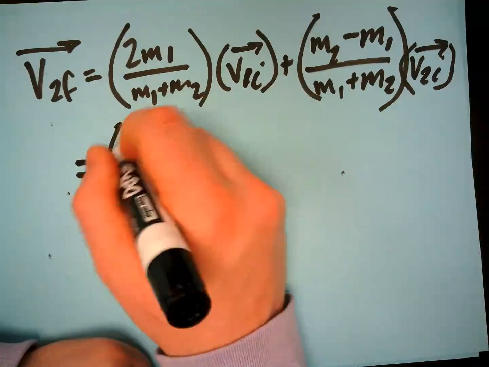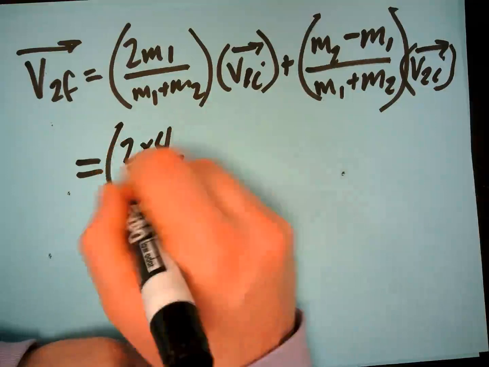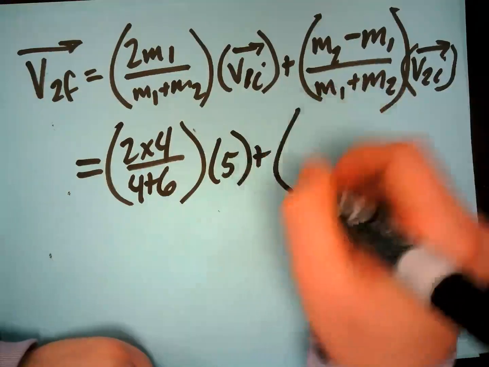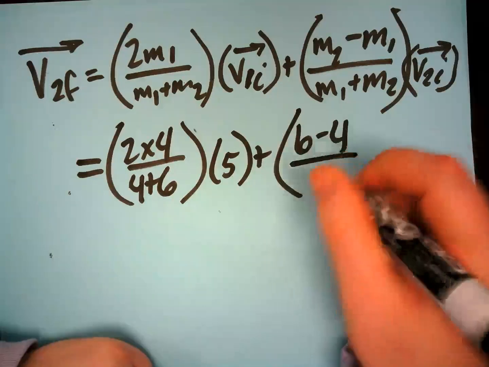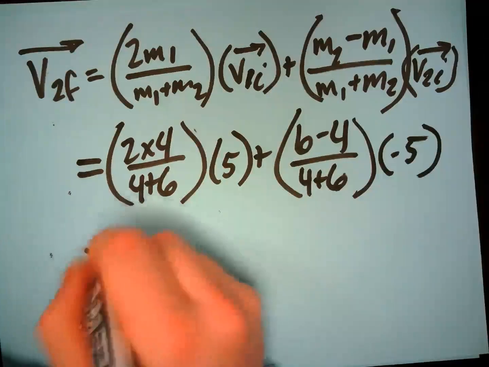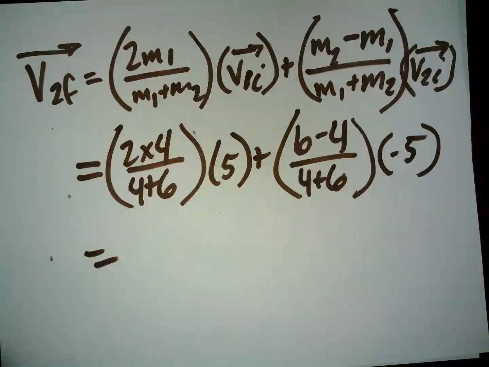So then it's going to be 2 times 4 over 4 plus 6, times 5, plus 6 minus 4 over 4 plus 6, times negative 5. Let's try that again. Okay, my bad, guys.